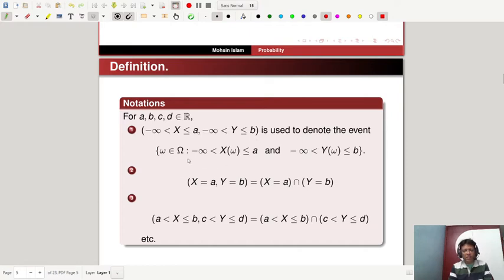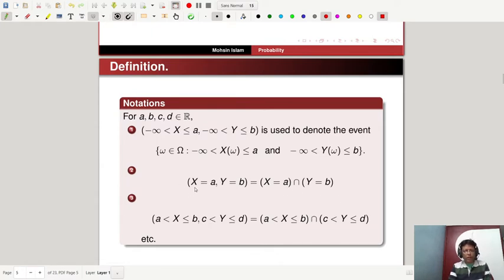It can be written like this: small omega is a sample point or outcome of the event space capital Omega, such that -infinity < x(omega) <= a and -infinity < y(omega) <= b. So this is the notation. You may encounter this type of notation later on in the chapter.